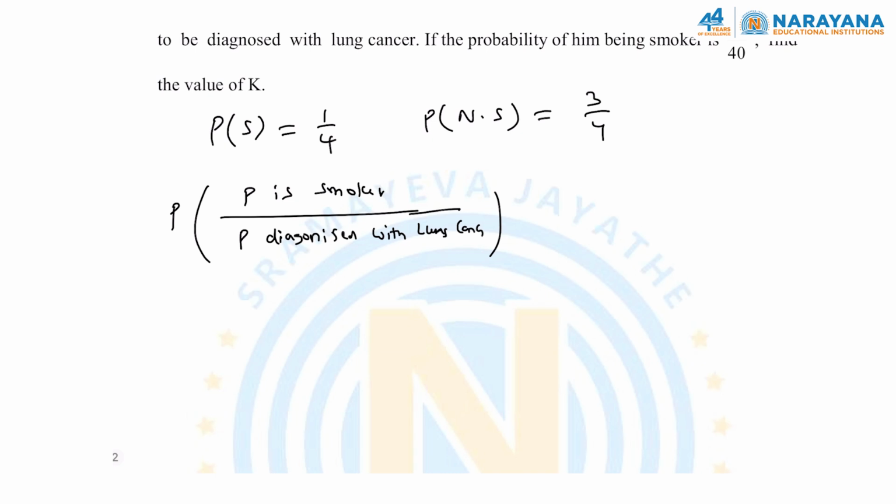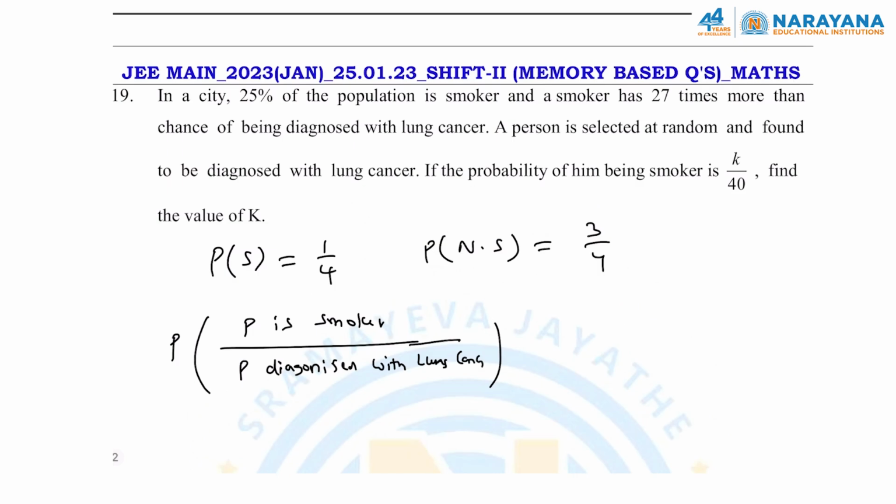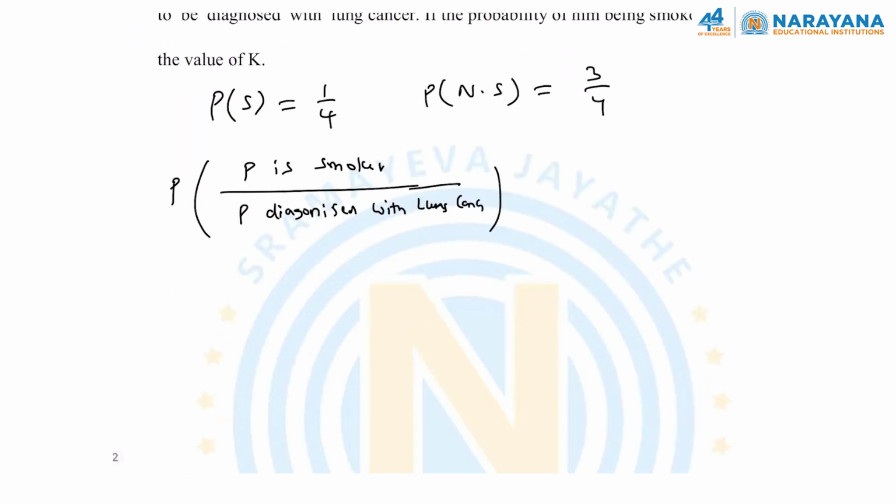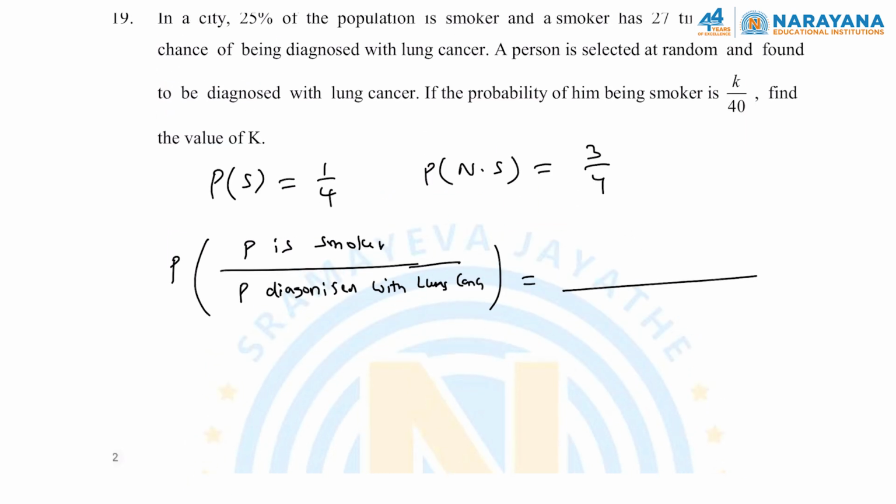So in the denominator, what is the probability of a person being diagnosed with lung cancer? He can be a smoker or he can be a non-smoker. Let us take P as the probability of a non-smoker getting lung cancer.